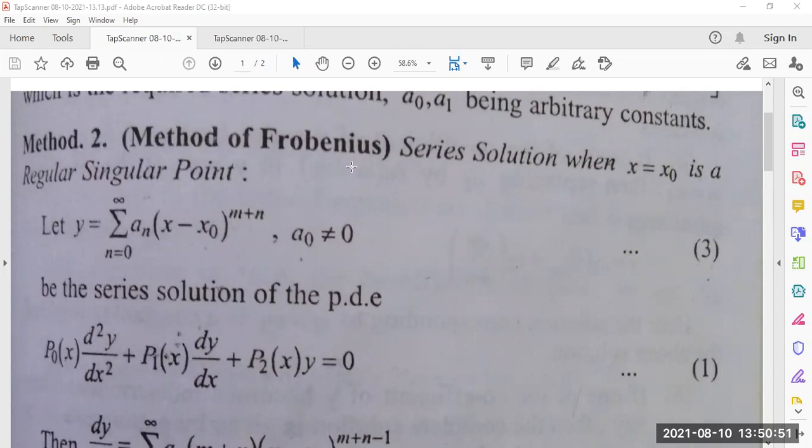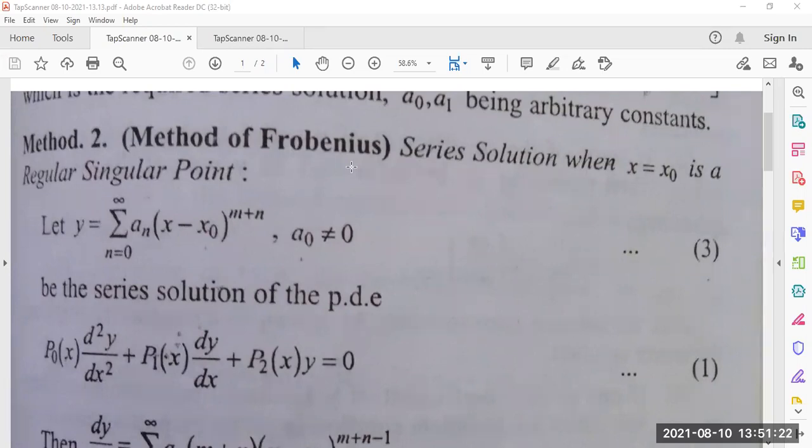In this method, Frobenius told us to let y equal to summation n equal to 0 to infinity a_n into (x minus x0) to the power m plus n, where a0 is not equal to 0, be the series solution of the ODE.